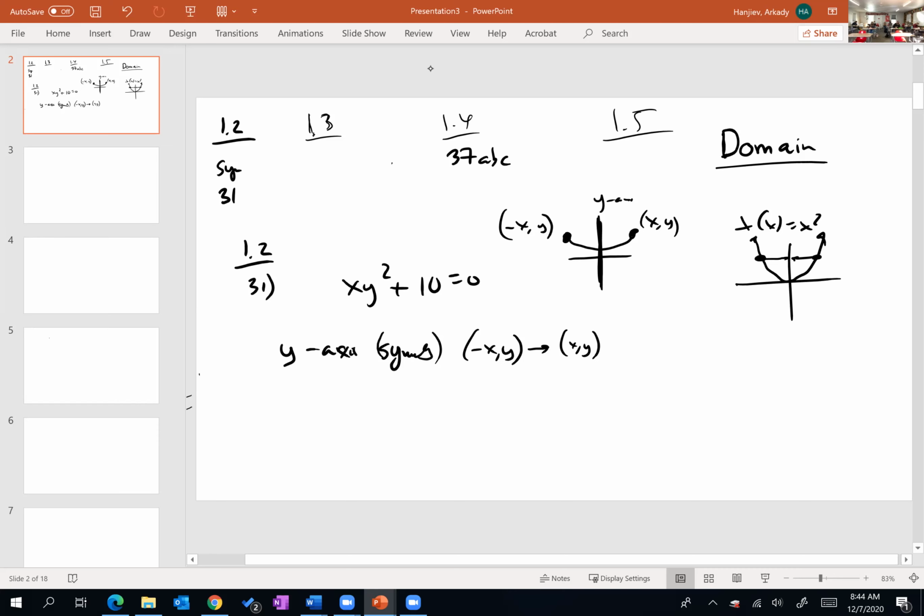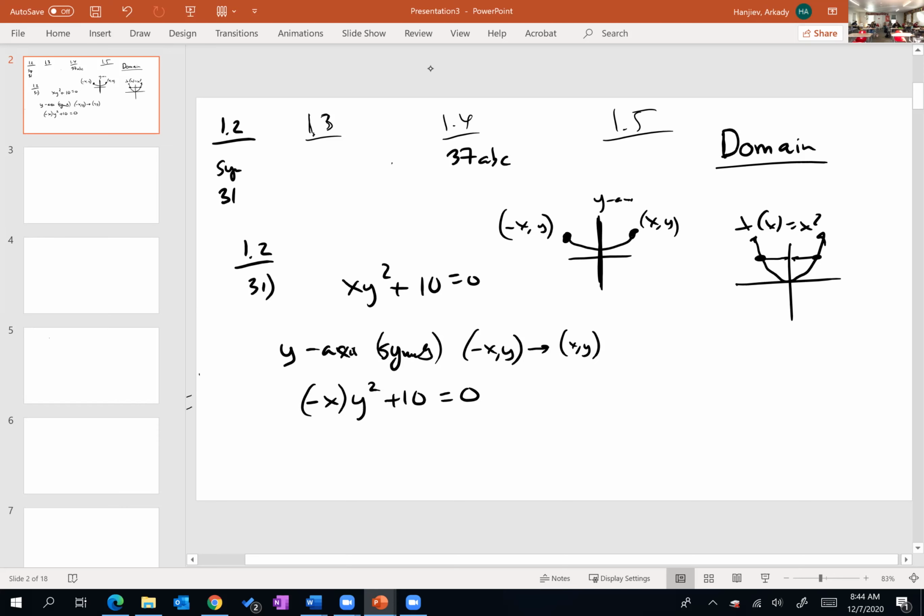You plug a negative for the x. And you're testing for two things here. You're testing to see if you get back to the exact original equation you had, or you have the exact opposite equation you have. That's kind of what you're doing. You're testing for it.